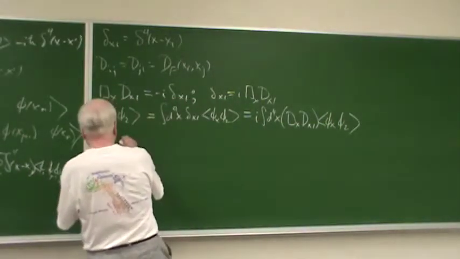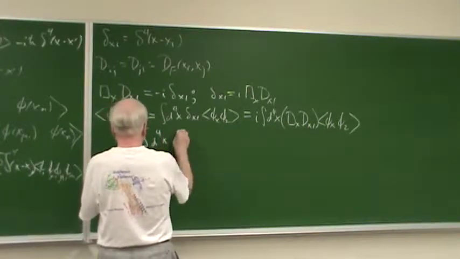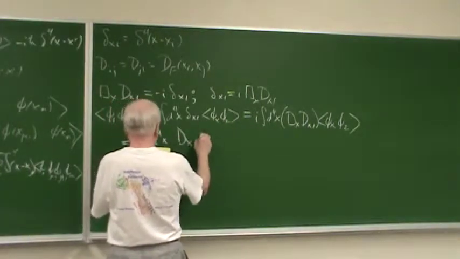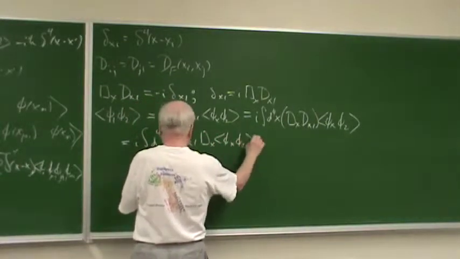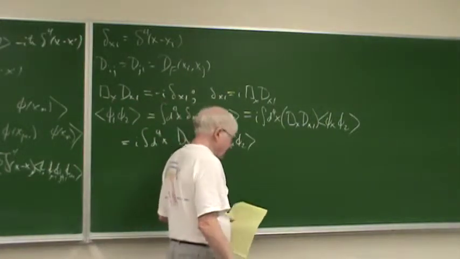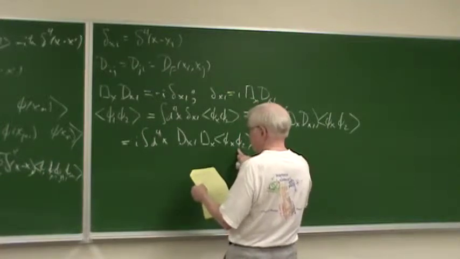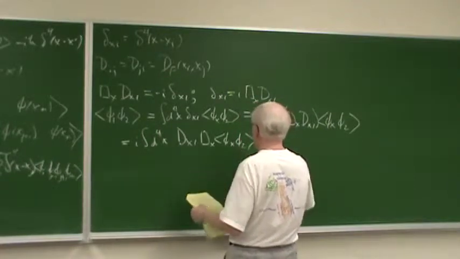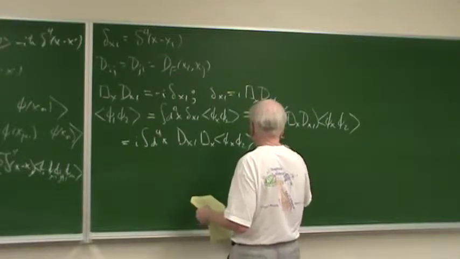And so this is going to give us i times the integral d^4x D(x, x_1) box_x acting on <phi(x) phi_2>. Now, in the free theory, box_x on this would be minus i delta(x - 2). So let me just write free.